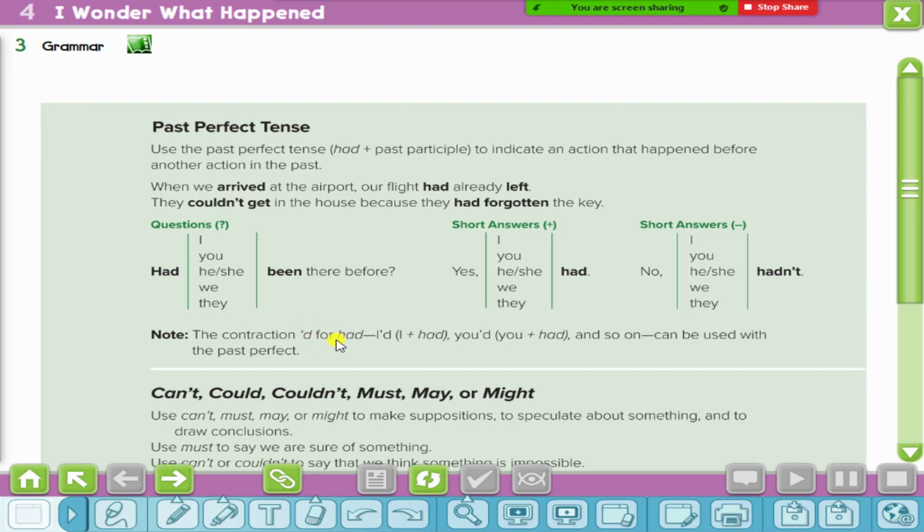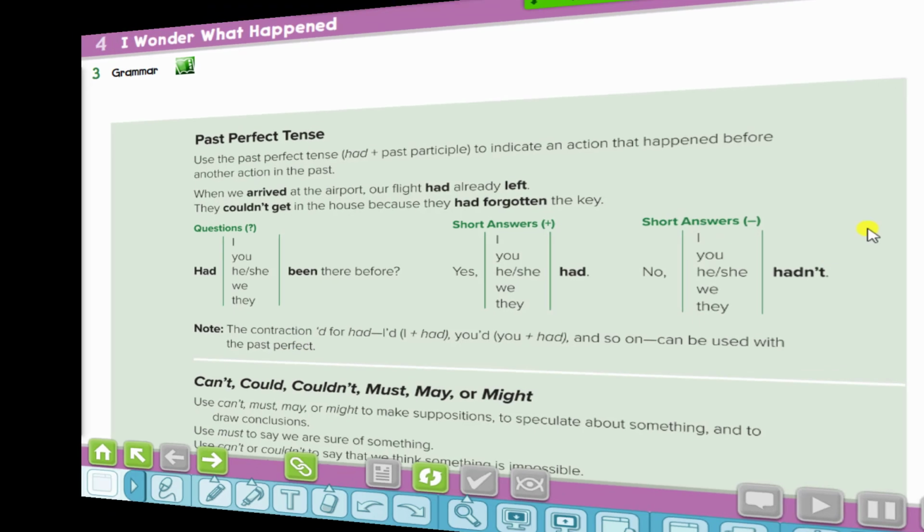Apostrophe d is short for had. We say I'd instead of I had. You had, you'd. You'd is short for you had, and so on. It can be used with the past perfect. He had, he'd. She had, she'd, and so on.